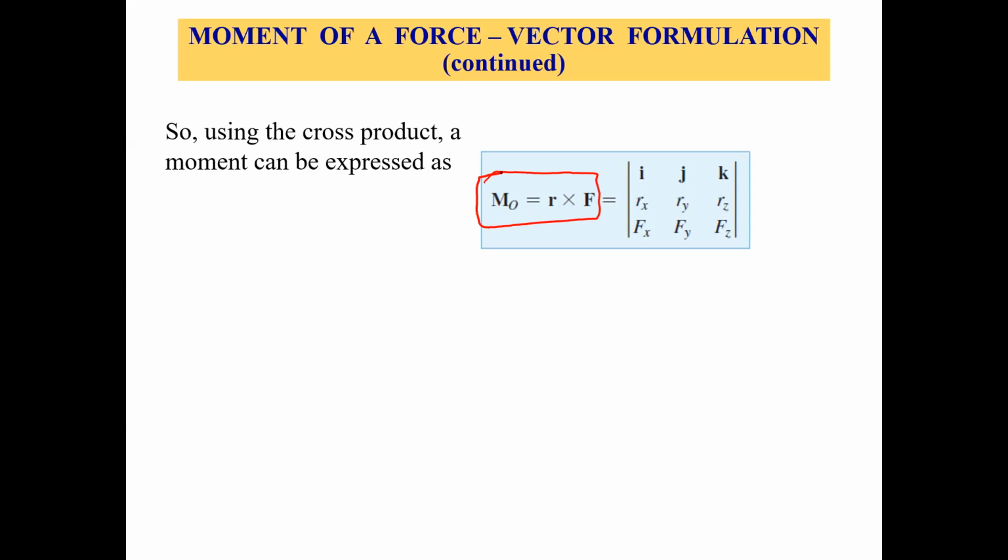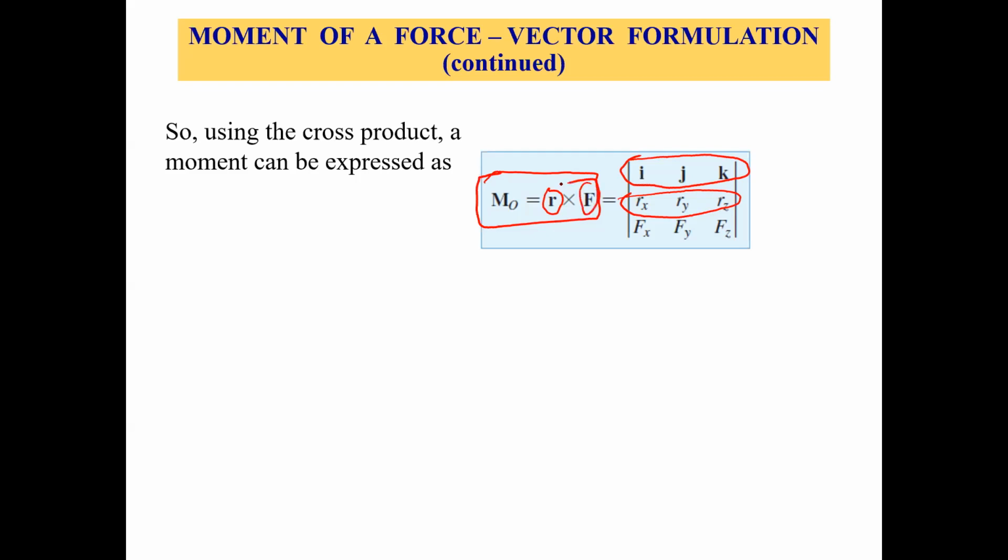Now, if you remember about cross product, how did we do that? So first row is i, j, k, the direction vectors. Second row, in this case, is the position vector, so Rx, Ry, Rz, the three components of the position vector.